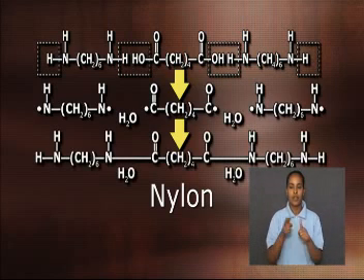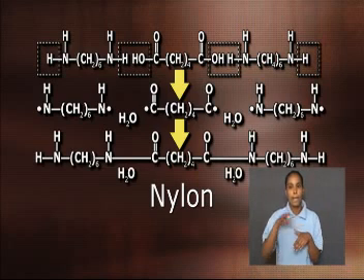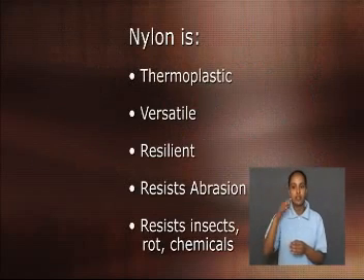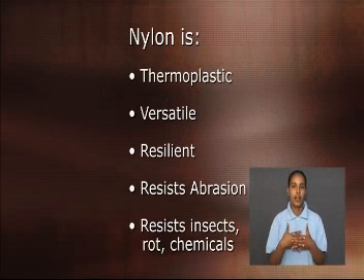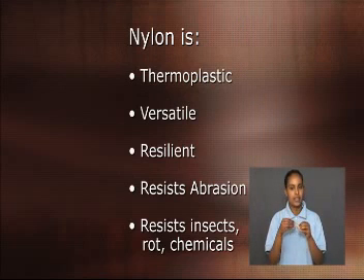It was first produced by the petrochemical firm DuPont in 1935. Nylon is a silky, thermoplastic material. It was the first commercially successful synthetic polymer.